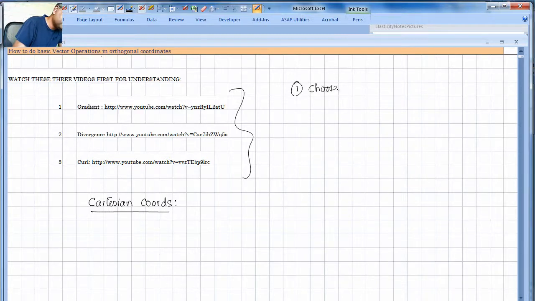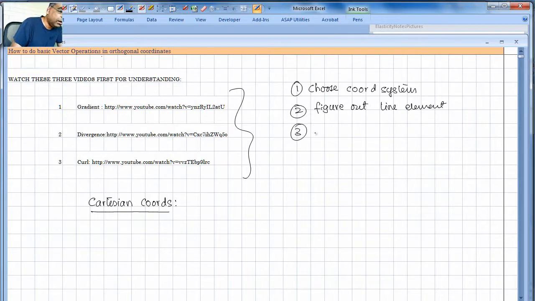Choose a coordinate system. 2. Figure out the line element. 3. Then use the appropriate calculation.